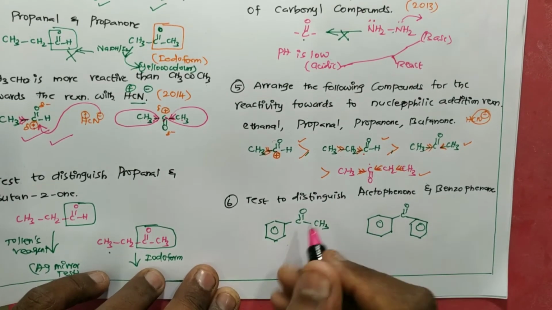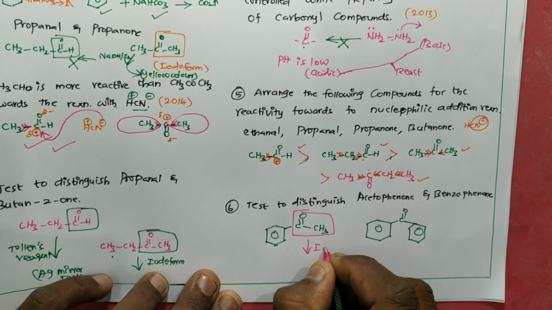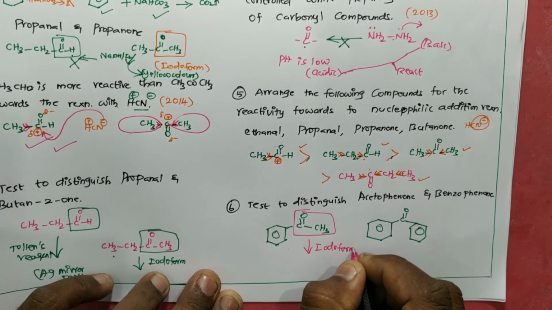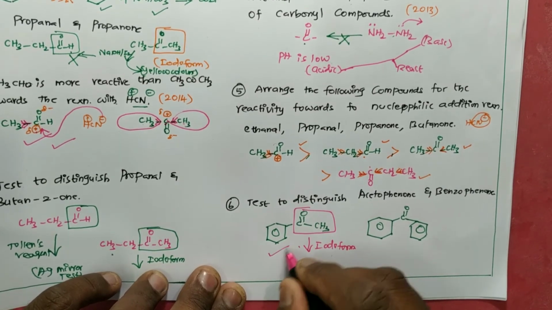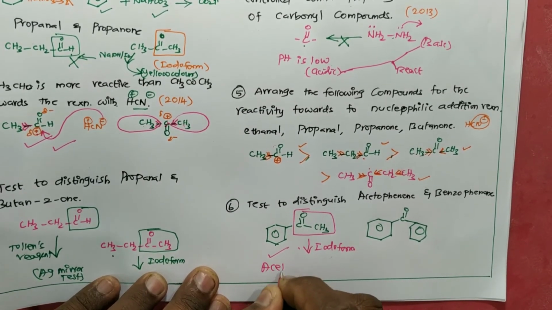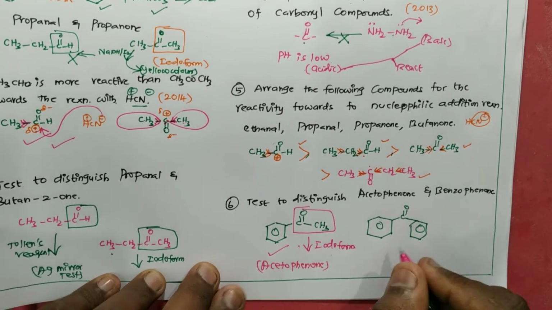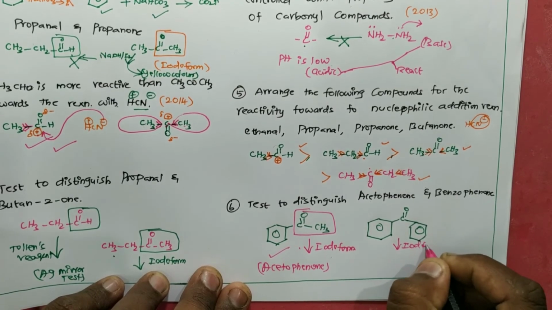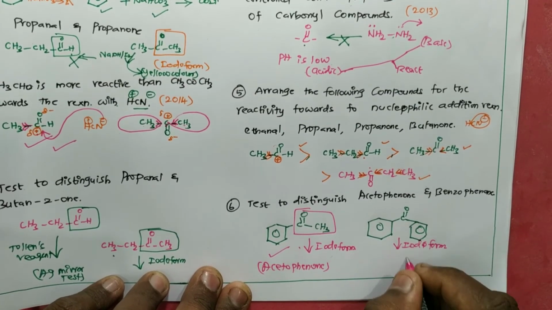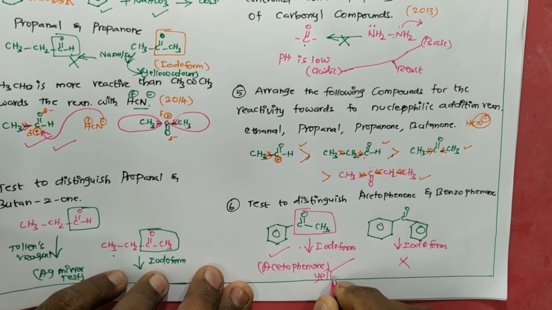It is also very simple, because here the methyl ketone is present. If you do the iodoform test, acetophenone will respond to the iodoform test, but benzophenone will not respond. So if you do the iodoform test, there is no reaction in benzophenone, but here it will respond and form a yellow colored precipitate.